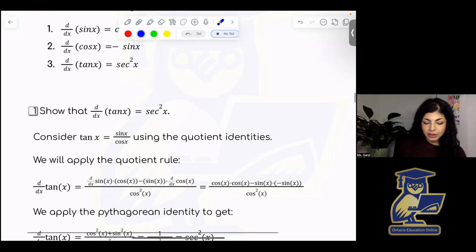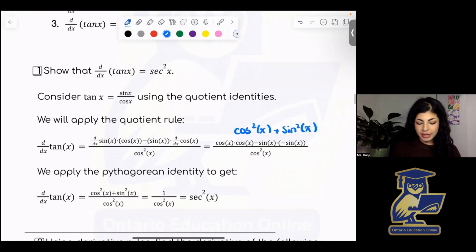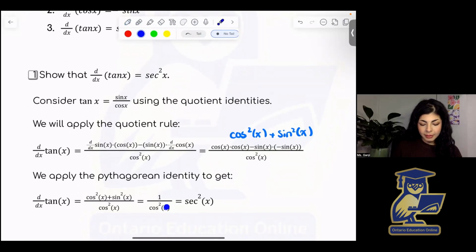So then we actually have simplified here cosine squared of x plus sine squared of x. And now, if you remember, this is one of our Pythagorean identities because this equals 1. And then in my denominator, I had that cosine squared of x.